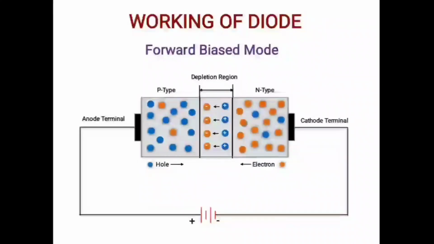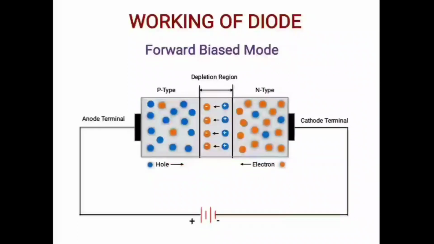In this forward bias condition, at P side, holes as the positively charged majority carriers are repelled by the external positive electric field and tend to move towards N side. Similarly, at N side, electrons as the majority carriers are repelled by the external negative electric field and tend to move towards P side.